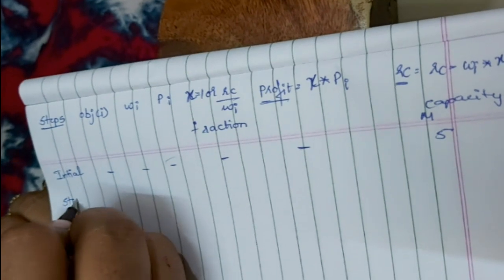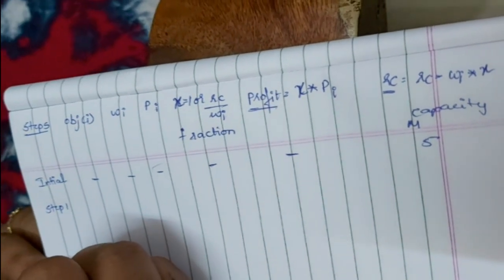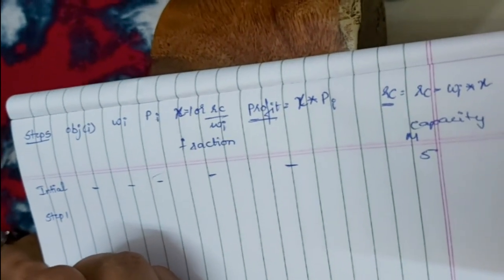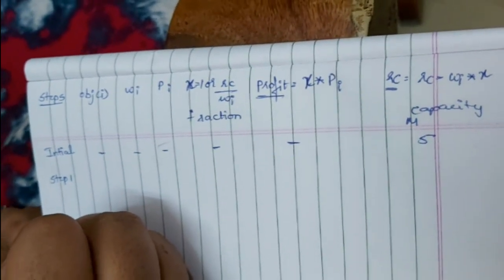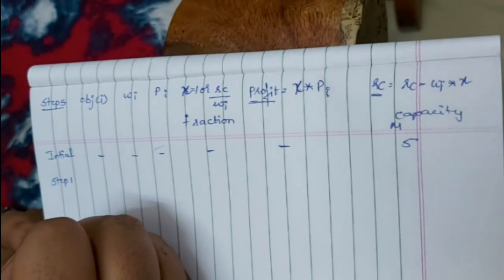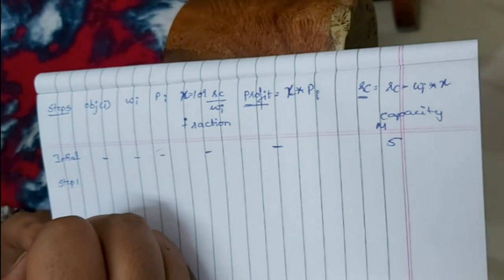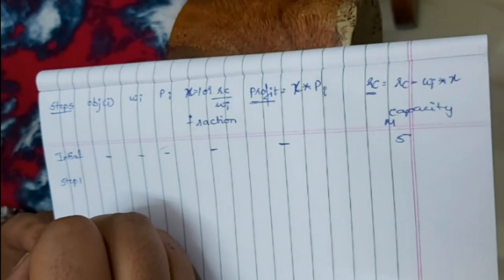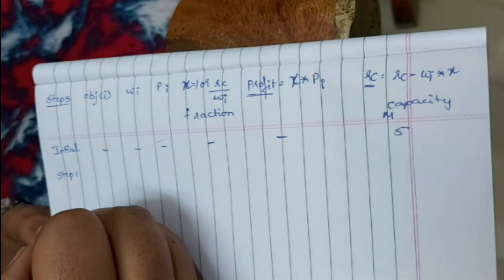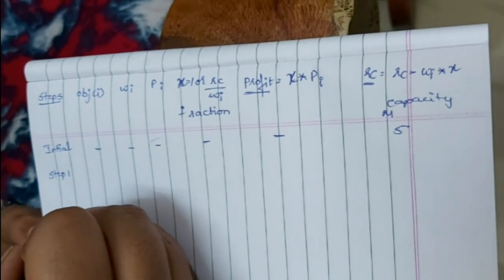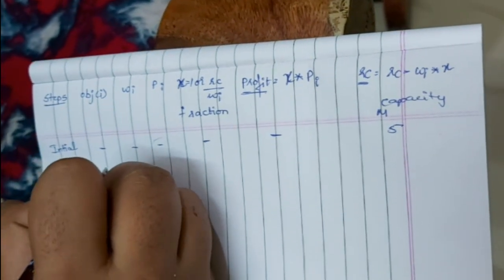Next we are going to put one particular object into the knapsack, and that will be the one with the highest profit by weight ratio, which is 10, whose weight is 1 and profit is 10, and the item will be 1. Okay, the first object will be put in.